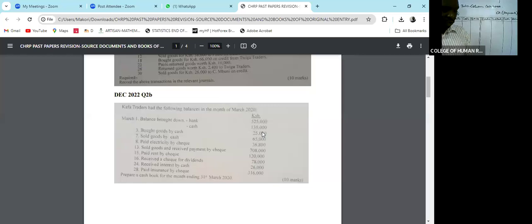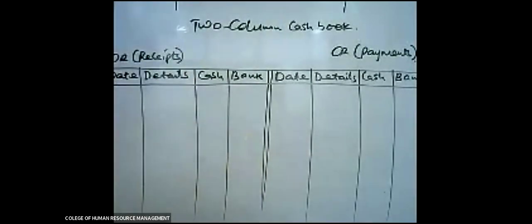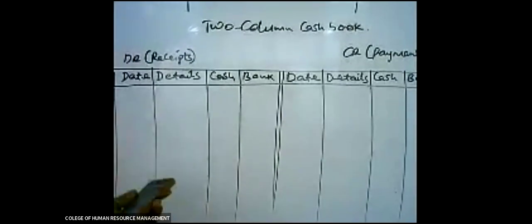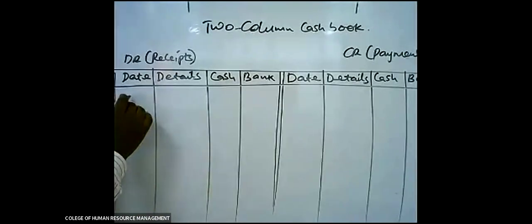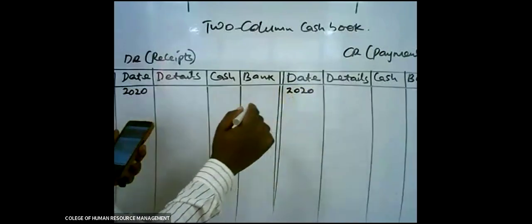But now, let us do it practically here. The opening balances should always be the first ones to be recorded, the balances brought down. So you'll come here and do this. These opening balances are for 2020.